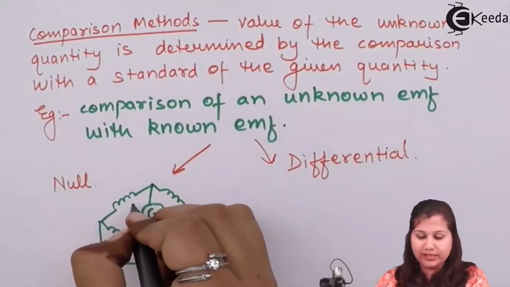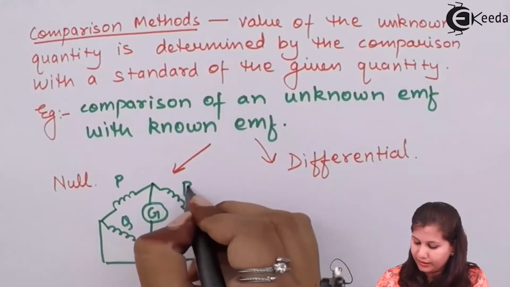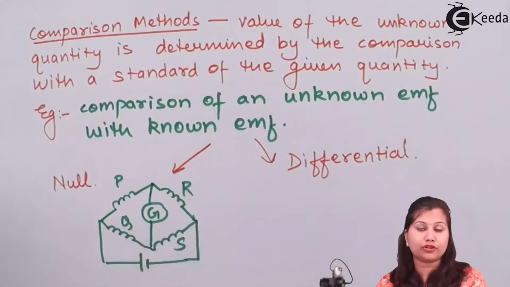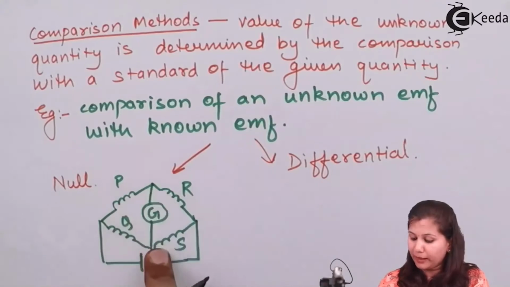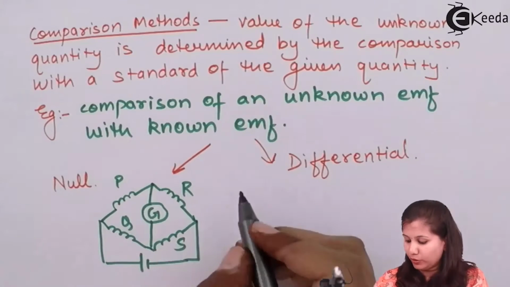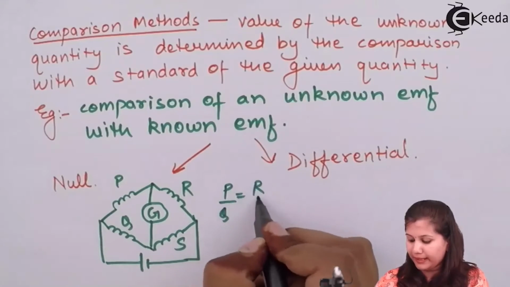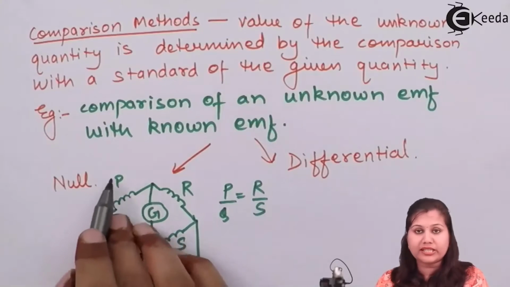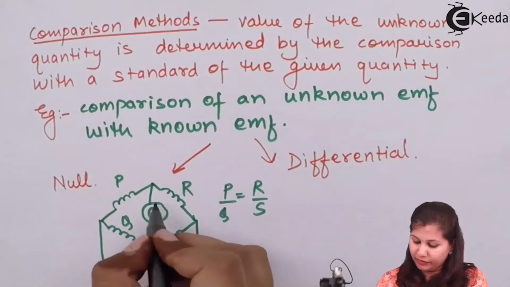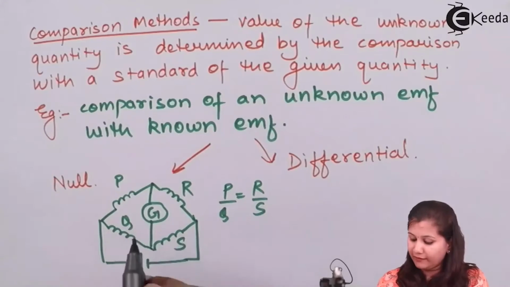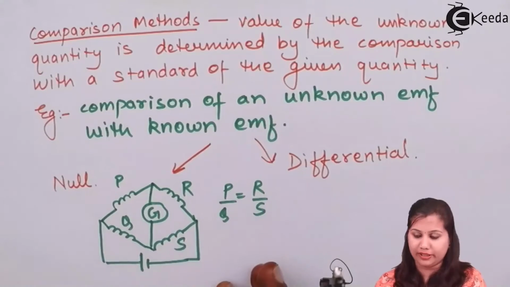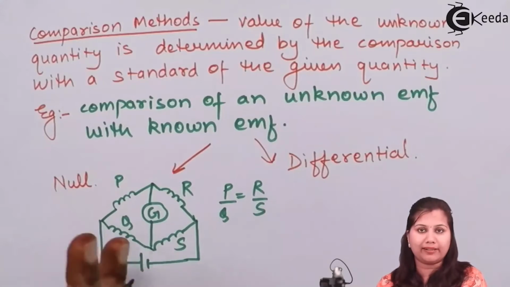These are the resistances P, Q, R and S, one of them unknown, and the bridge will be balanced, meaning the galvanometer will show null deflection and no current will pass through this arm, when the ratio of the resistances is equal: P by Q equals R by S. So the unknown resistance is measured by nullifying the counter effect, with a null deflection, and we are measuring this value by comparing it with the other three known quantities. That is a type of null comparison method.